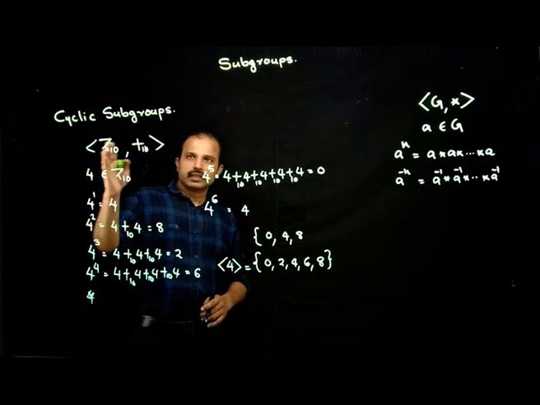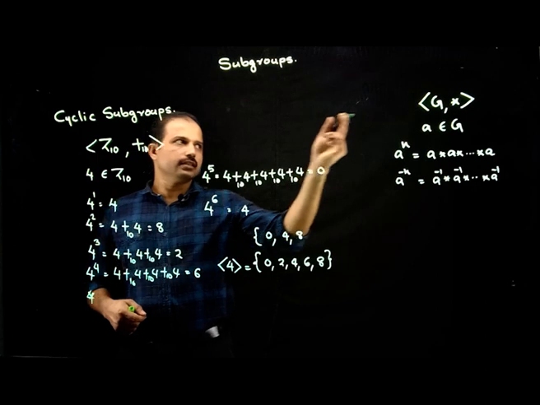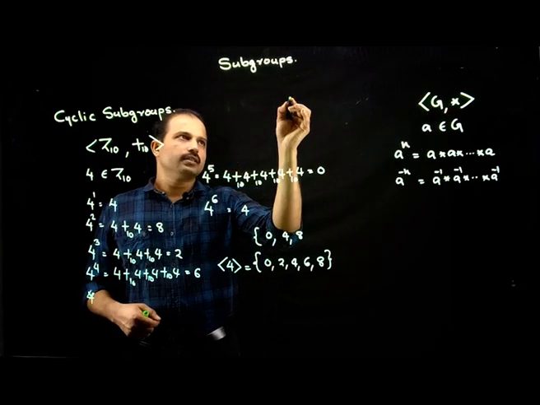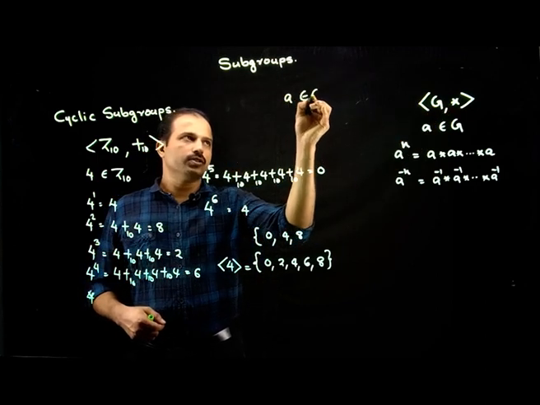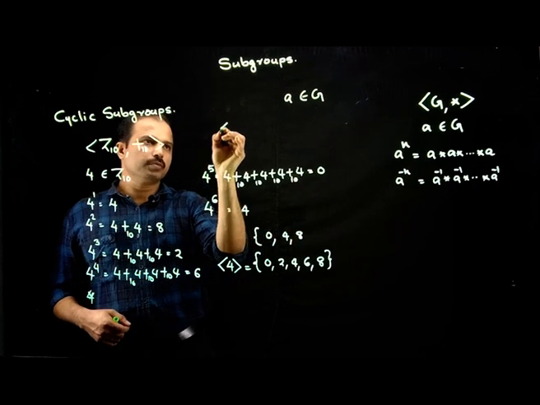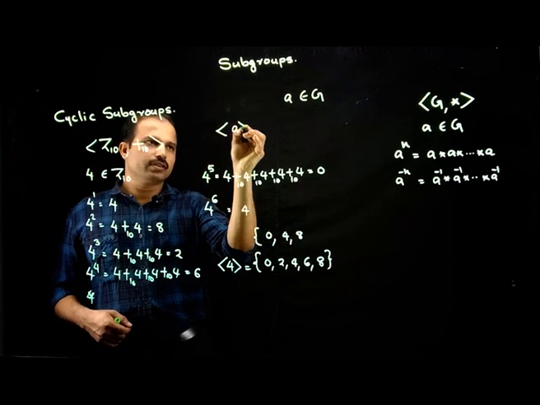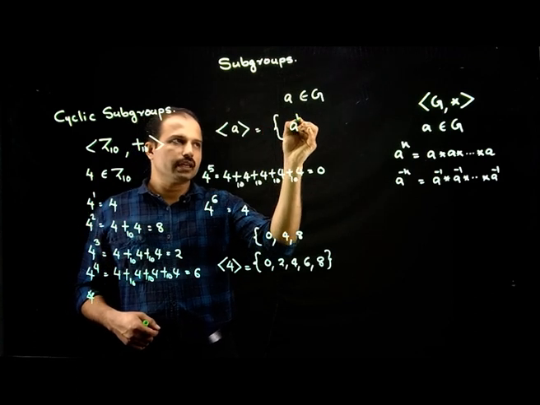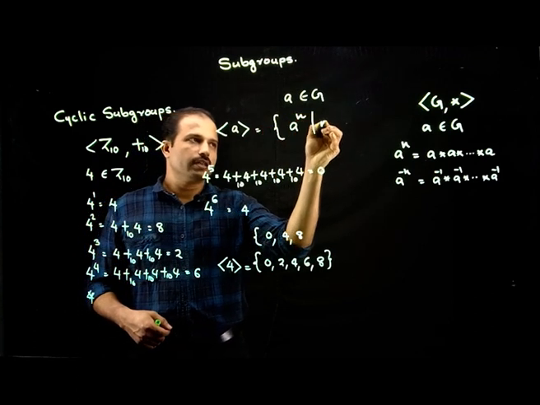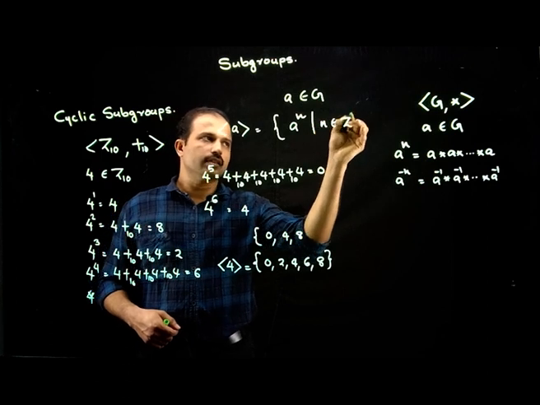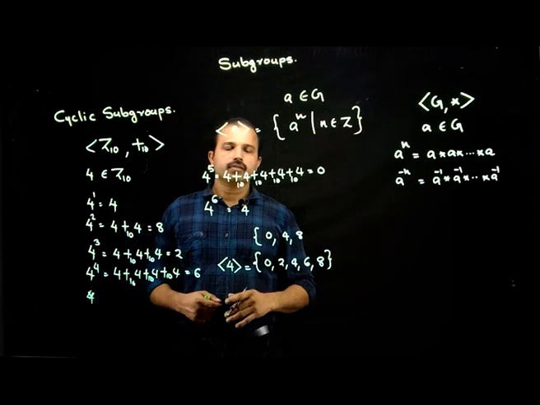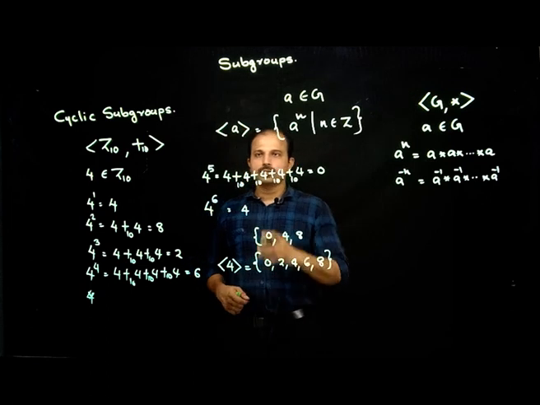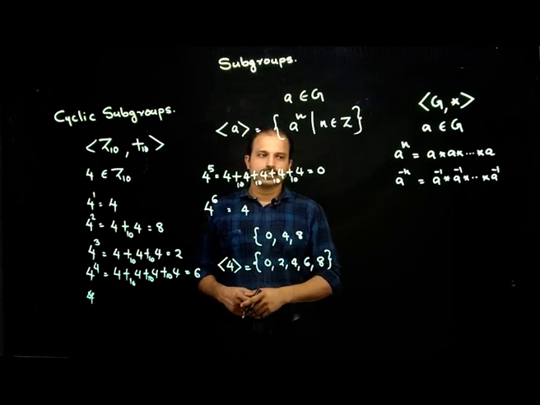So by a cyclic subgroup we mean: let G star be a group, and A belongs to G. The cyclic subgroup generated by A, this is the notation, means we are continuously taking the powers of A where n belongs to Z. This is the definition of a cyclic subgroup generated by an element.